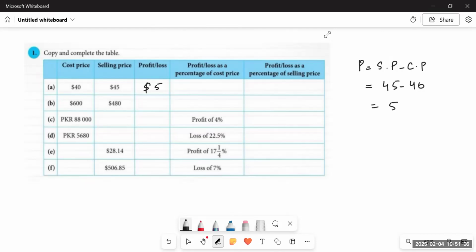But when I sold it, I sold it at a price of $480, not more than $600, but less than it. So it means I have made a loss over here. So we can say loss is equal to cost price minus selling price. Why? Because in this case, cost price would be more than the selling price. So if we subtract it, we will have a loss of $120.